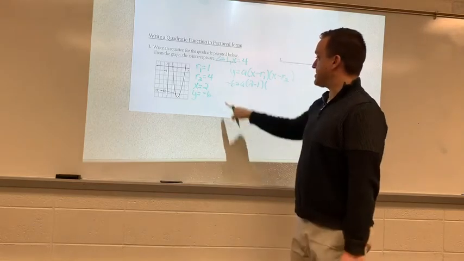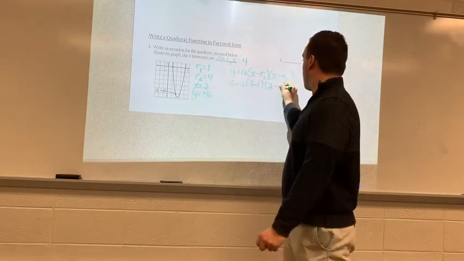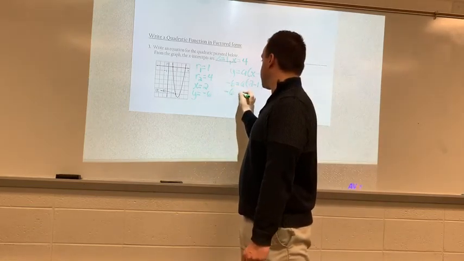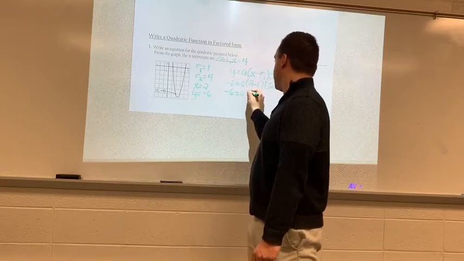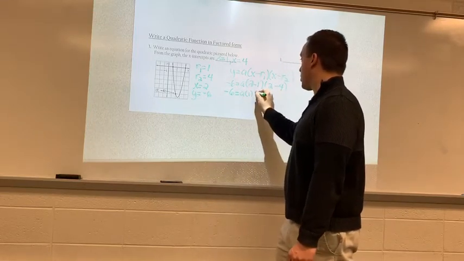And then X again is 2 minus R2 is 4. So substituting that, I have -6 equals A times 2 minus 1 is 1. And then 2 minus 4 is -2.